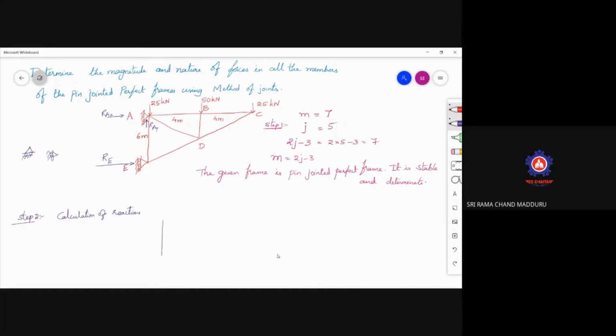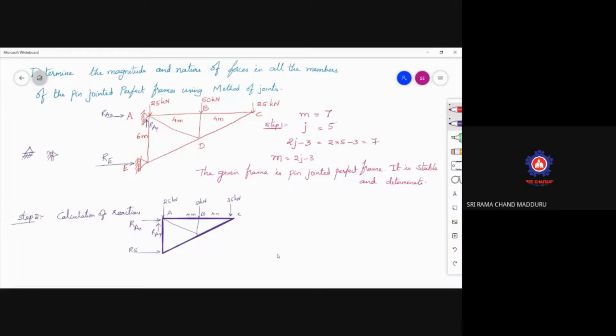So it looks like this. This is our frame. This is RAX, this is RAY, this is RE, this is 25 kilonewtons.